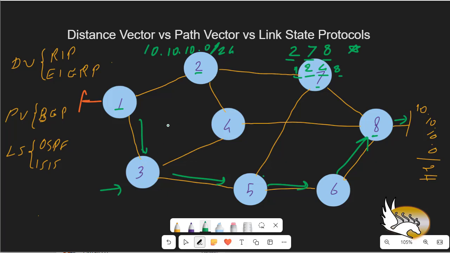Now, which one is suitable for you? You can choose based on your requirements, and I'm going to speak about these requirements in a separate video. But you should know that RIP is kind of obsolete, so this is going to be out of the equation. EIGRP is very good inside your network, but of course you cannot really go beyond a number of routers.